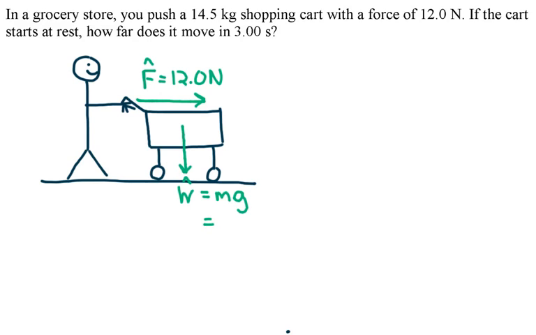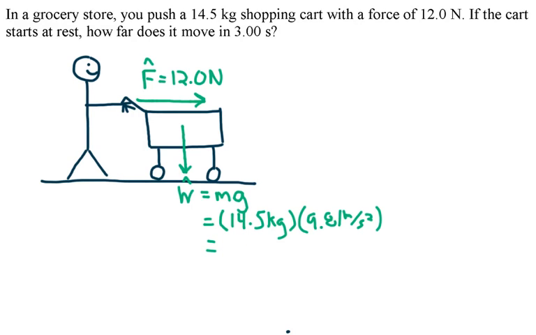So we'll call that weight. And we know that the weight is going to be equal to the mass times the acceleration due to gravity. So we can go ahead and fill this in, as 14.5 kilograms for the mass times 9.81 meters per second squared.